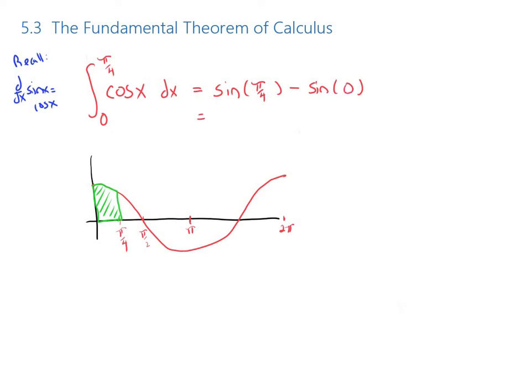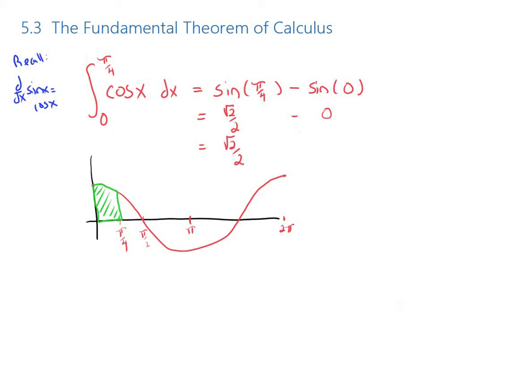And now again, it's just calculator work, or hopefully you know these values because you remember your trig. Sine of pi over 4 is square root of 2 over 2, and sine of 0 is 0. So this ends up being just square root of 2 over 2.